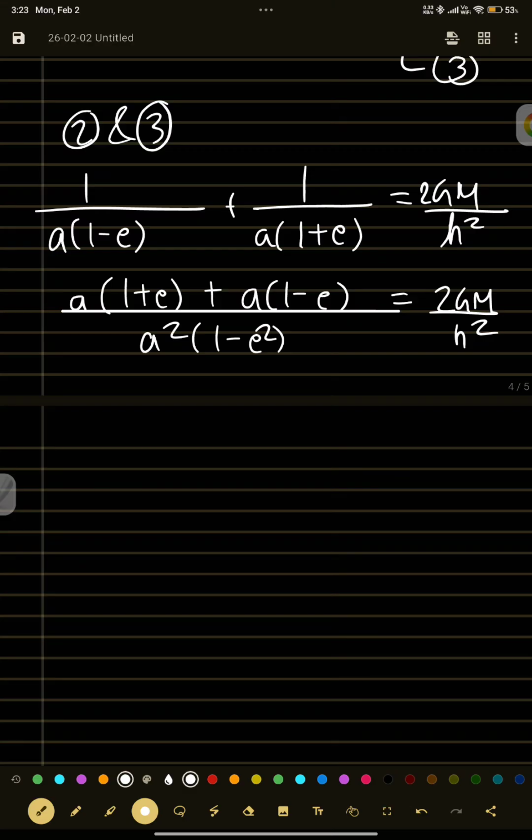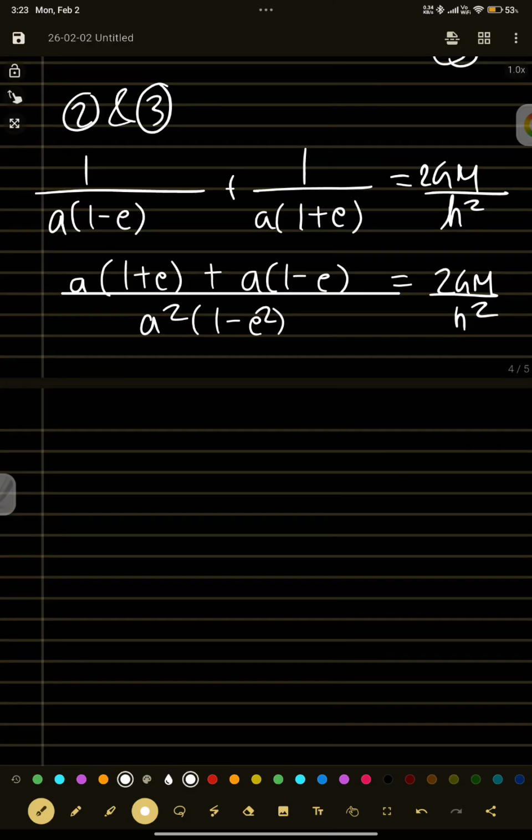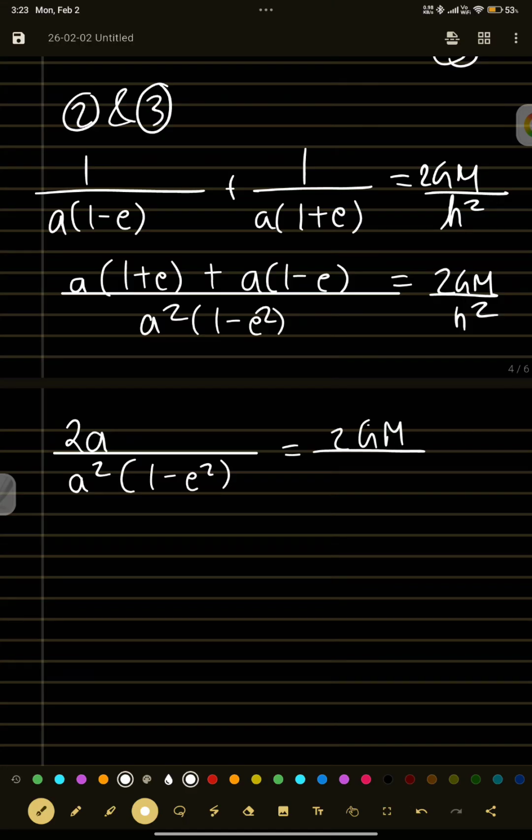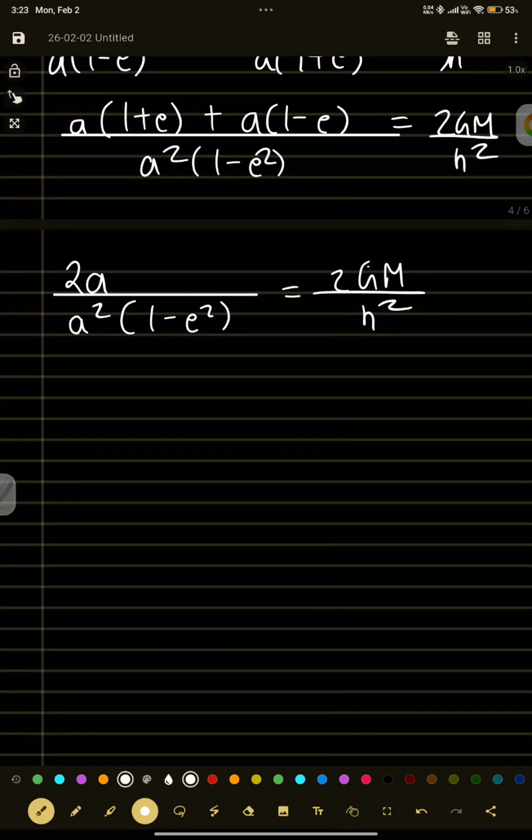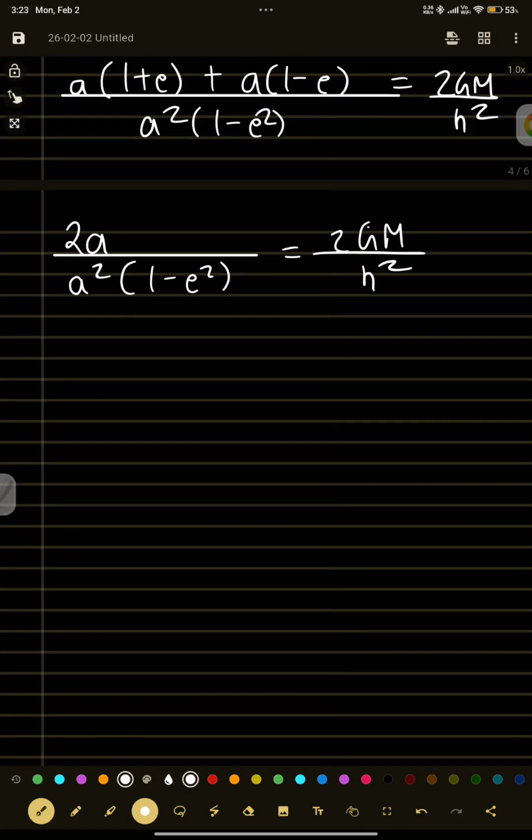So this side is 2a, this 2 and this 2 will cancel and you will get a(1 minus e square) or h square.